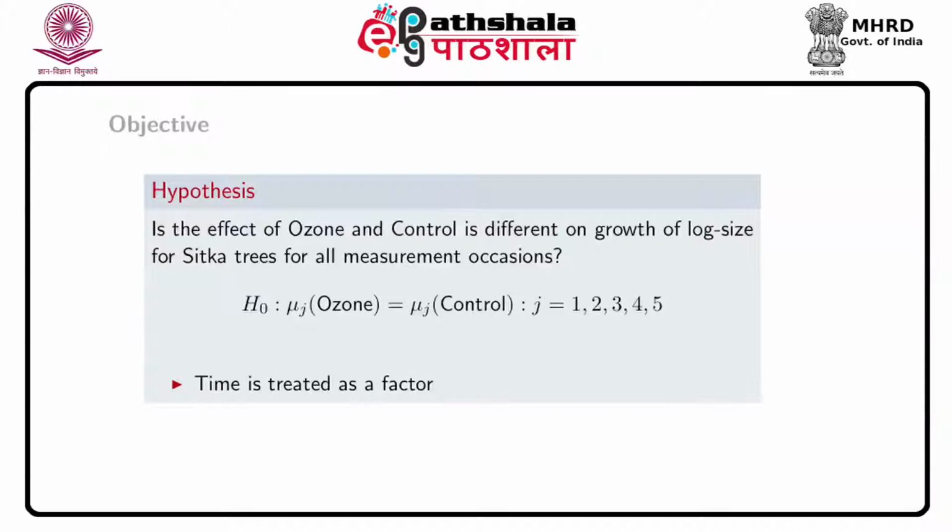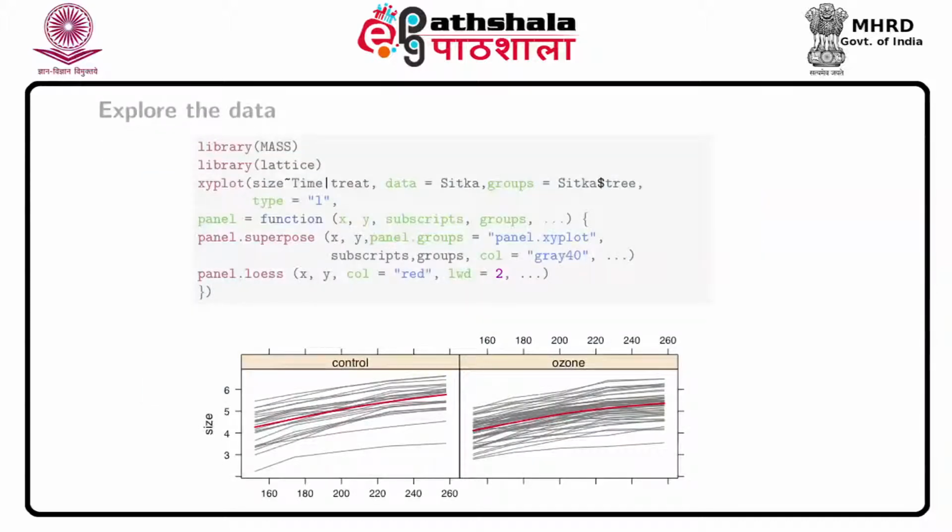But here we would treat time as a factor. So that means for each discrete time point we are testing whether the means are equal or not, and we have 5 time points.